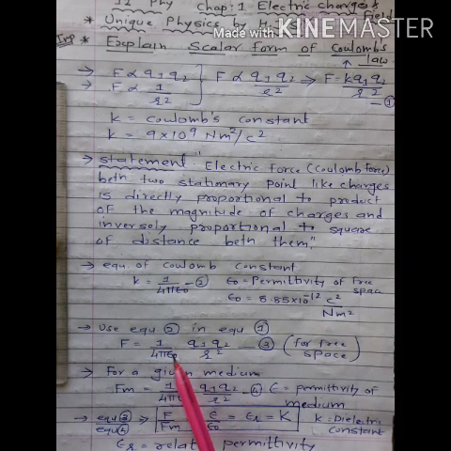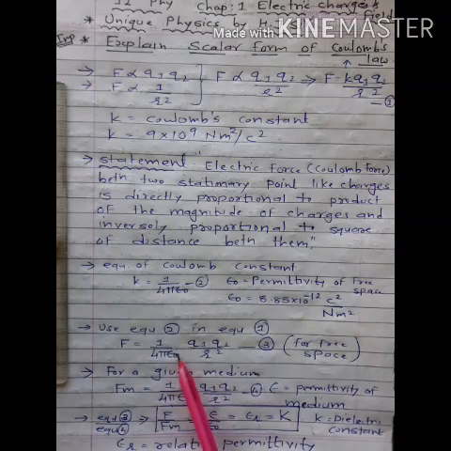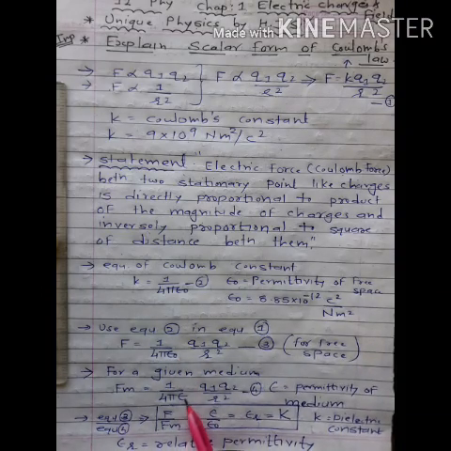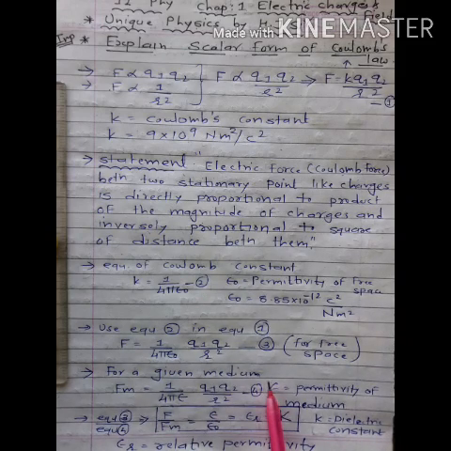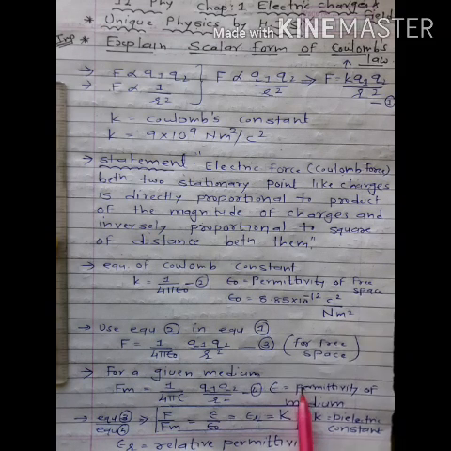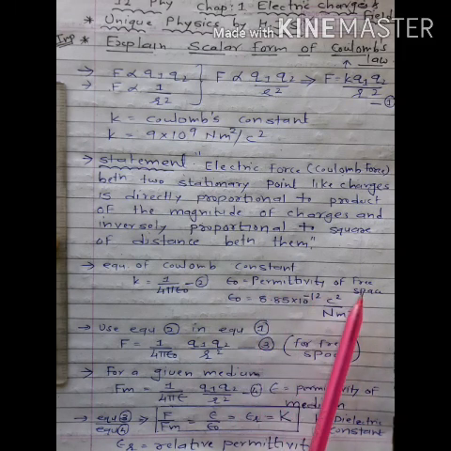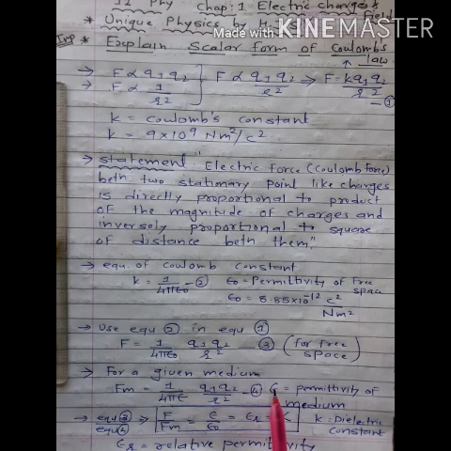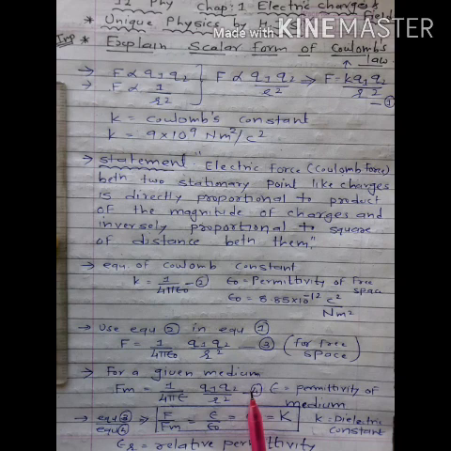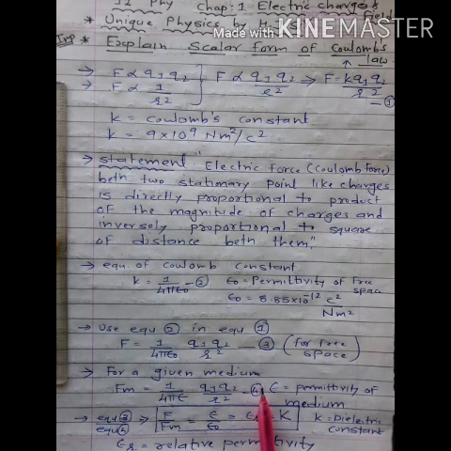For free space we use epsilon 0, but for medium here we will use only epsilon, where epsilon is known as permittivity of medium. If we use epsilon 0, it is called permittivity of free space, but here we use epsilon, permittivity of medium. So this is our equation number 4.